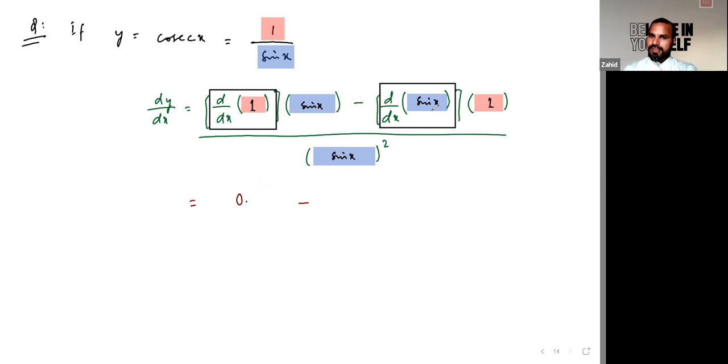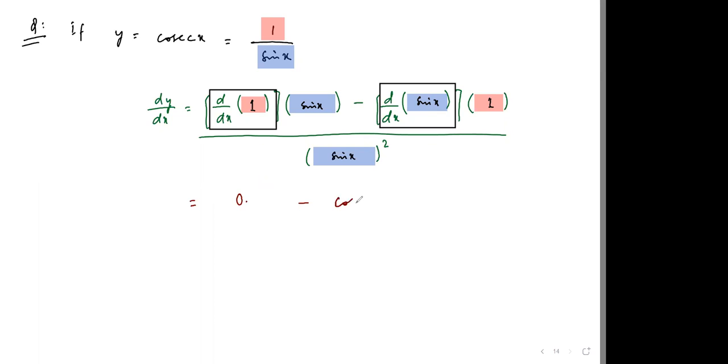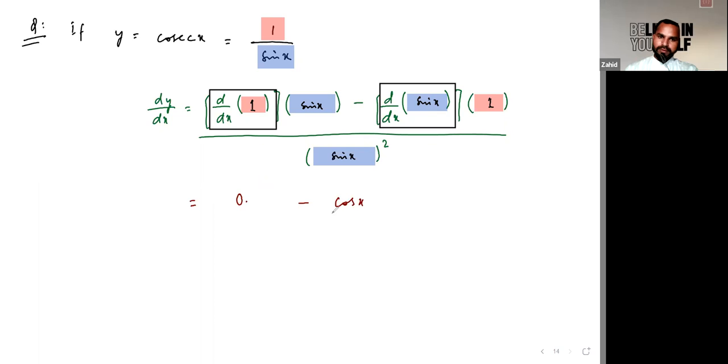Differentiation of sine x is cos x, multiplied by 1, so it will remain cos x, whole divided by square of denominator. So you may write it as sine x into sine x. Now minus 1 times cos x divided by sine x and divided by sine x.